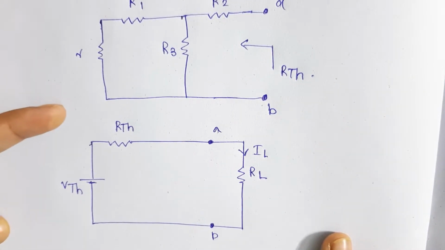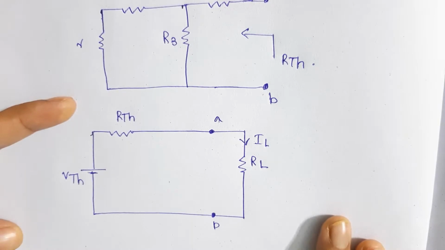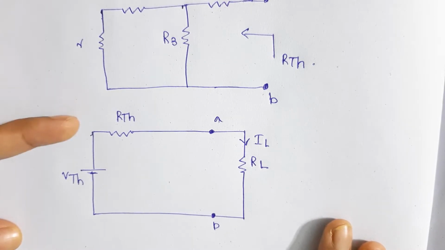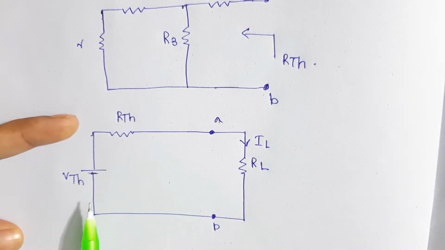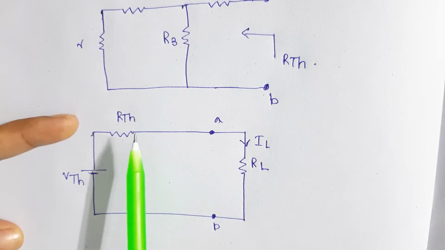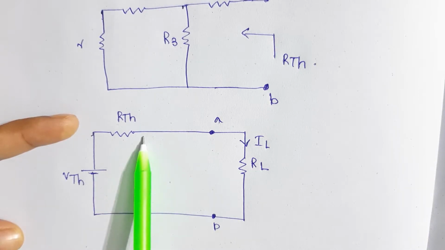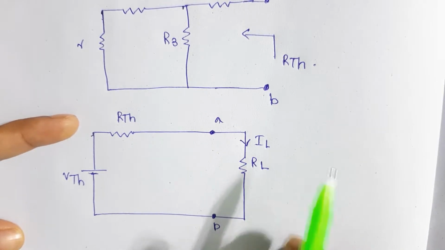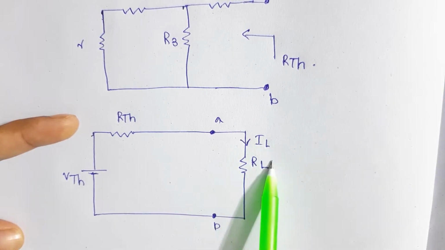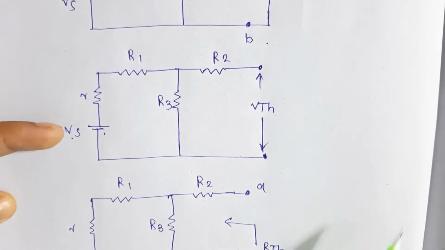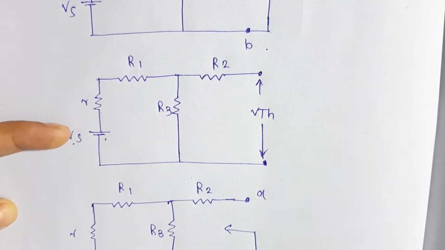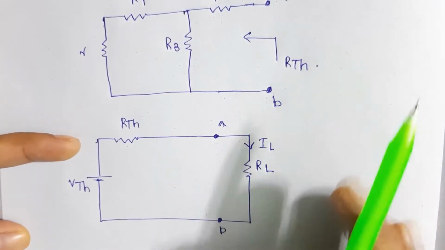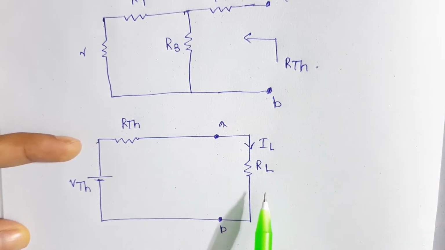Then finally we replace the entire network by a single Thevenin source whose voltage is VTH and internal resistance is RTH. And then we connect RL back to its terminal. This RL which we initially removed from here, we connect it again back over here.